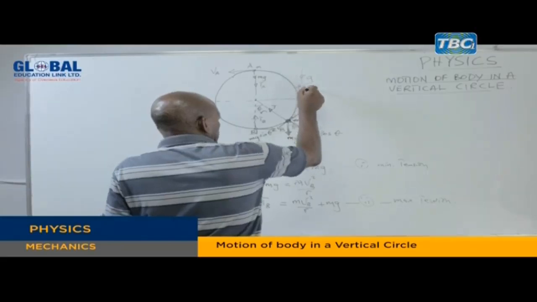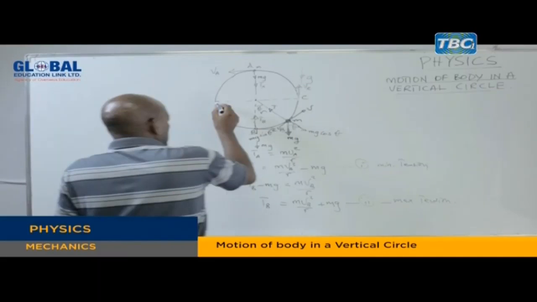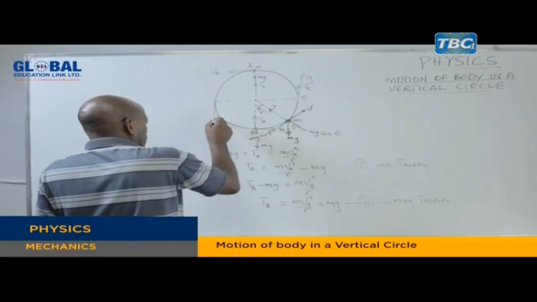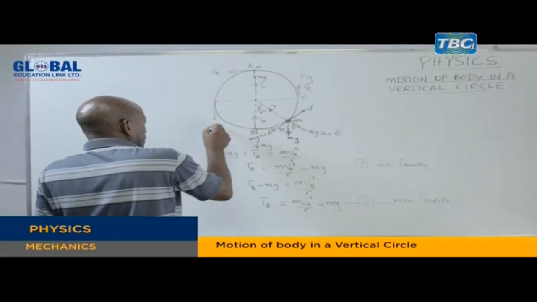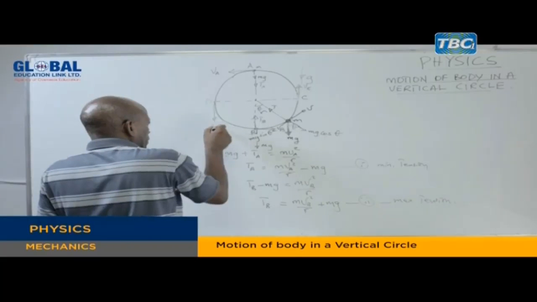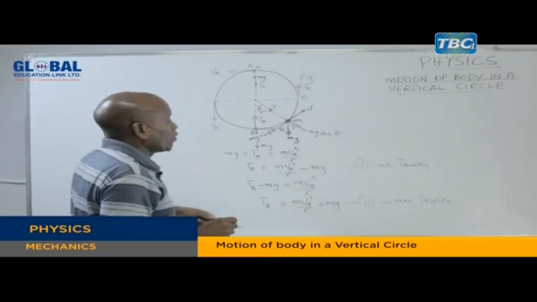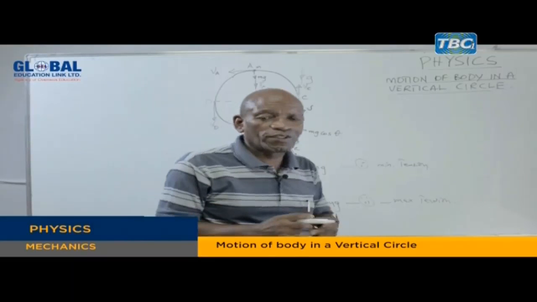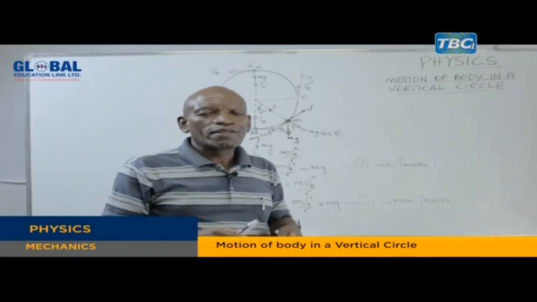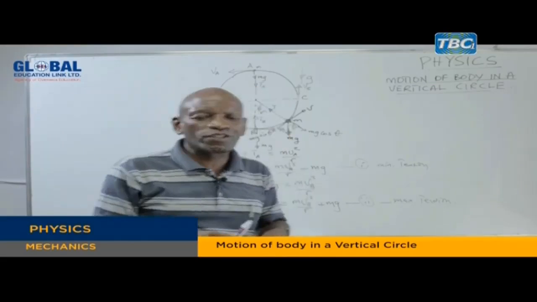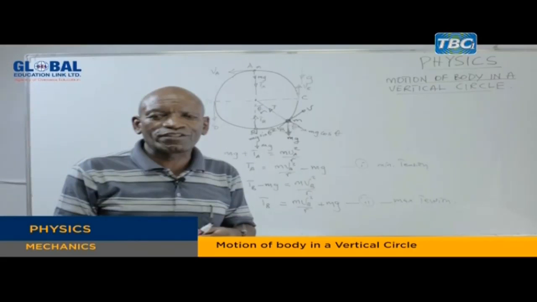The velocity at point C is just the same as the velocity whenever the body is moving vertically downward at this particular point, if I call it point D. We will look at this when solving some basic questions which are really more challenging to you.